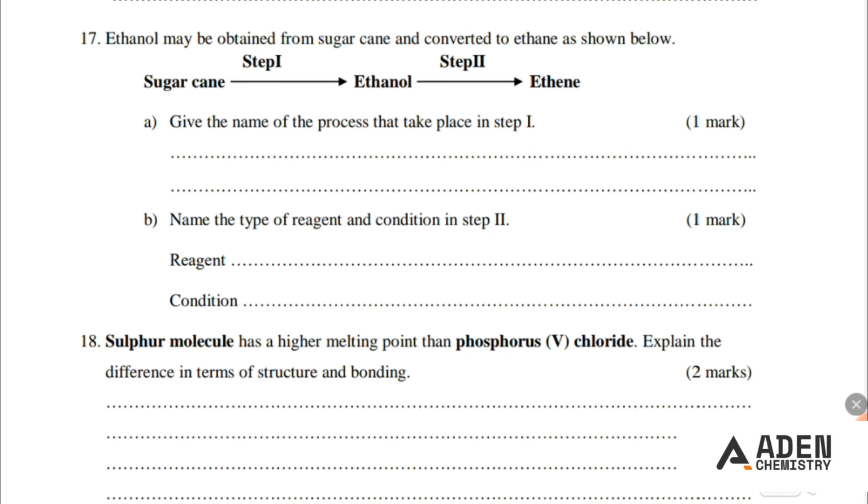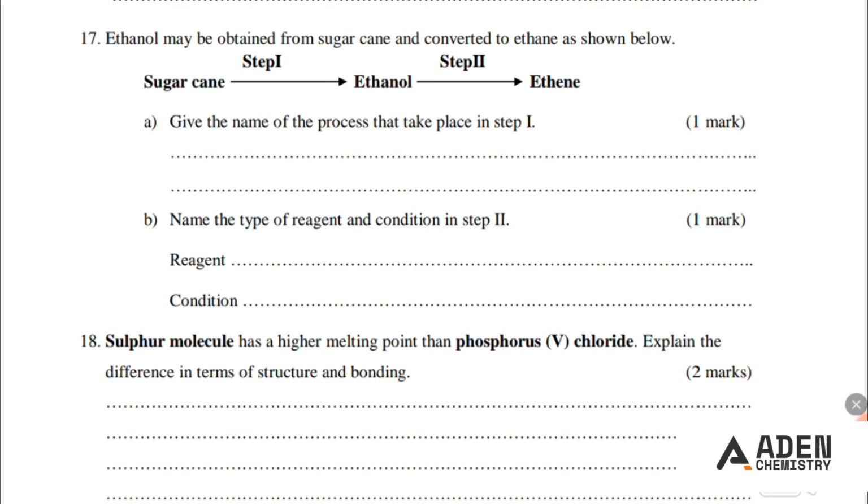So in question number 17, we are told ethanol may be obtained from sugarcane and converted to ethene as shown below. So we are having here sugarcane, step 1, it is converted to ethanol, and we are having here step 2, ethanol is converted to ethene. So part A, we are told give the name of the process that takes place in step 1. Step 1 is here.